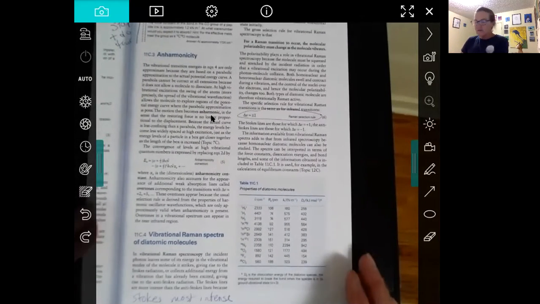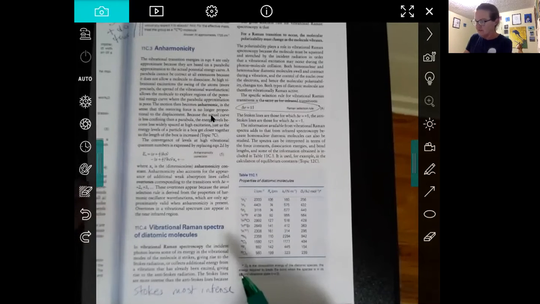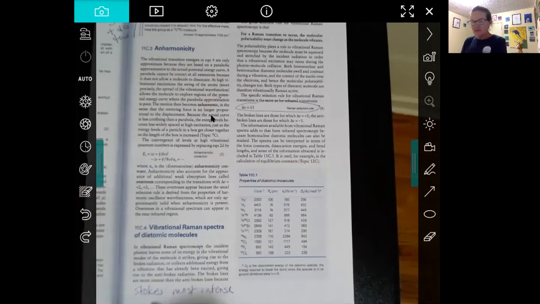That's IR spectroscopy, where you're actually absorbing photons, but you can also use Raman spectroscopy to excite states of vibration. And like we said, the ground state is the most populated. So Stokes is the type of radiation where you're scattering light off the molecule and the molecule is taking some of that energy to go up a state because it was at V equals 0.